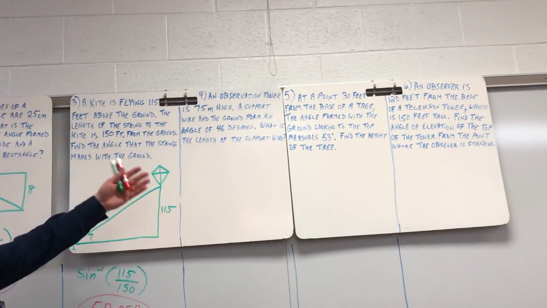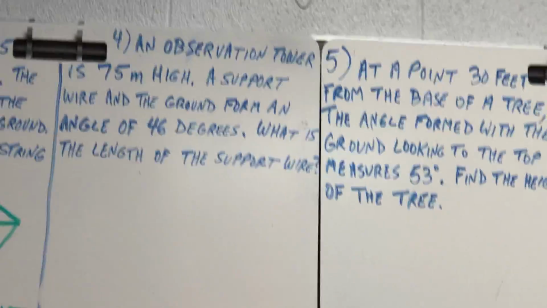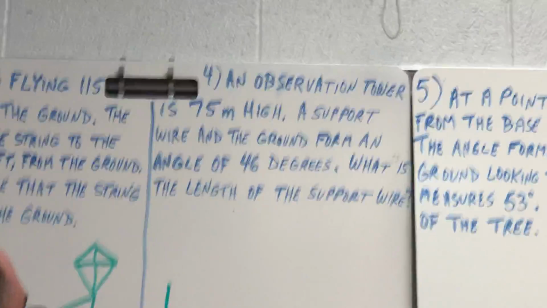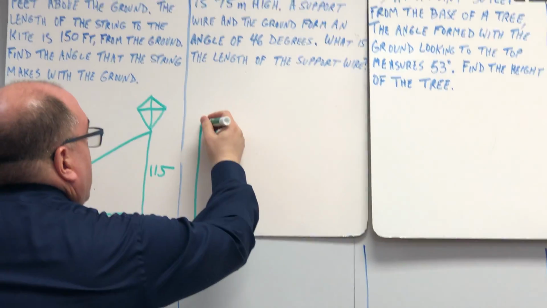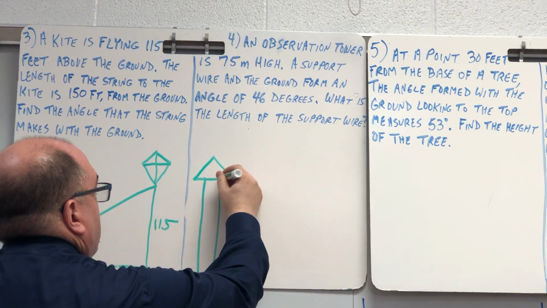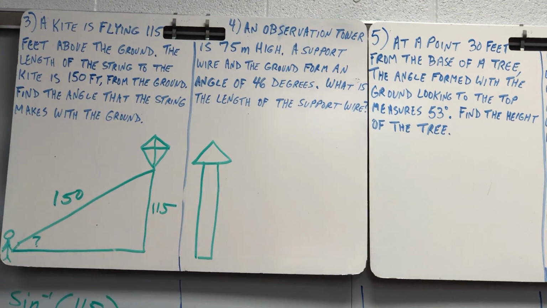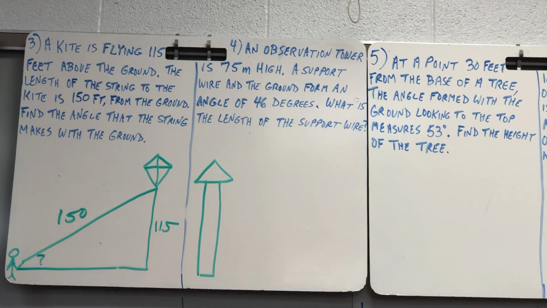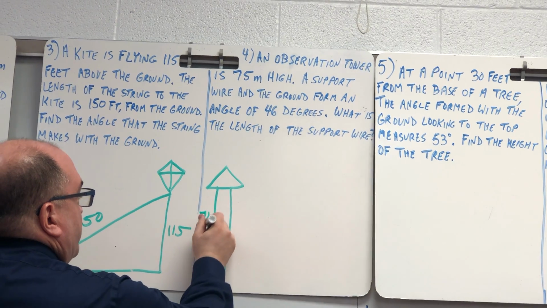An observation tower. What the heck is an observation tower? What does that look like? I don't know. I'm going to draw a building. That looks like an arrow. An arrow, all right? It's 75 meters high. Okay, this is 75.